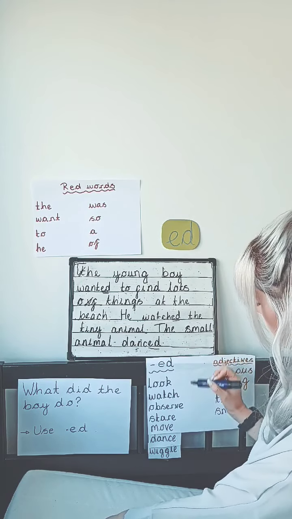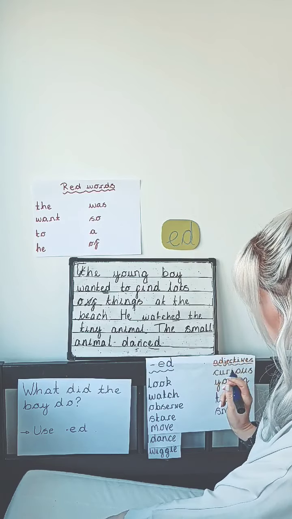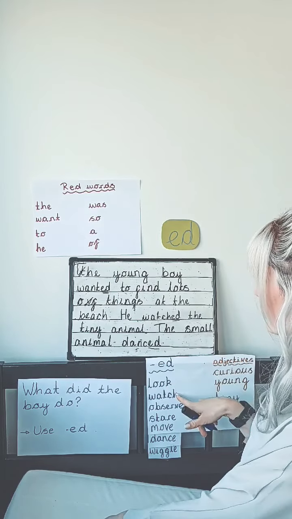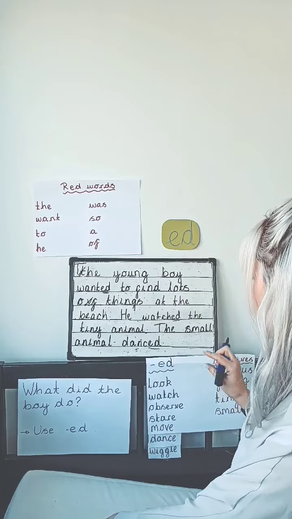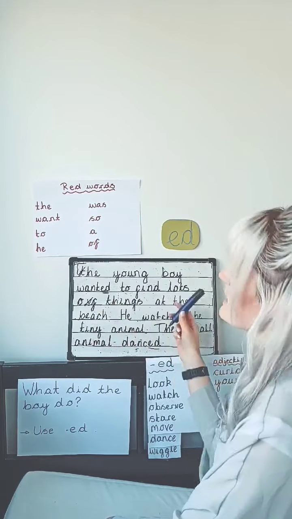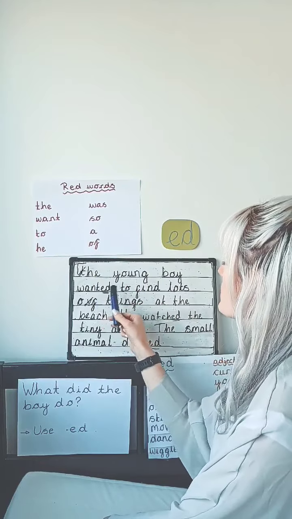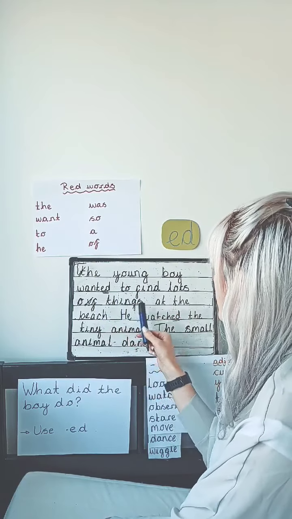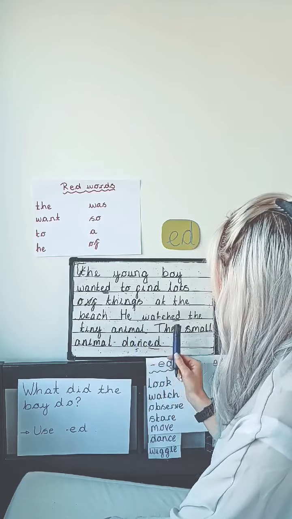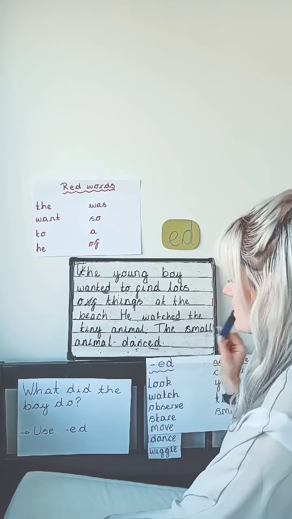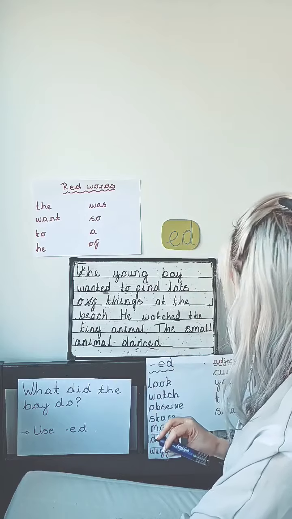You only need to put the D on the end. But for look and watch, you would definitely need to add the E and the D. So let's read back our sentence. The young boy wanted to find lots of things at the beach. He watched the tiny animal. The small animal danced. With a full stop at the end.